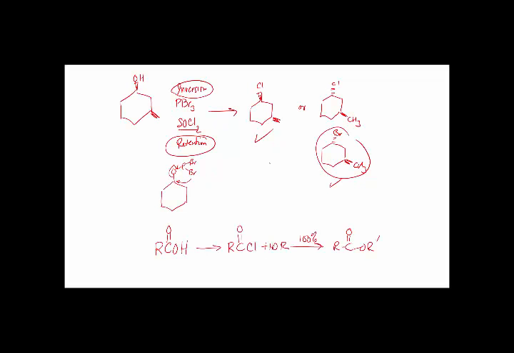Whereas if you just add the carboxylic acid and the alcohol directly with acid as the catalyst, you get an equilibrium. Right, that was an essay question. So the way we commonly turn the carboxylic acid into the acid chloride is SOCl2. So that's why that one's important.